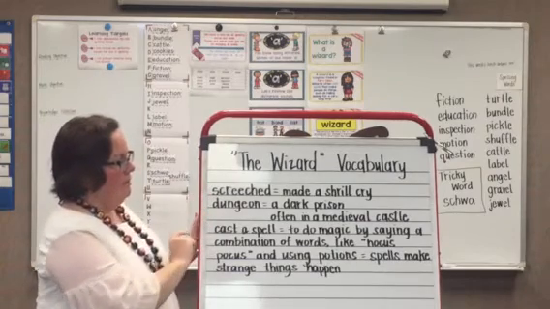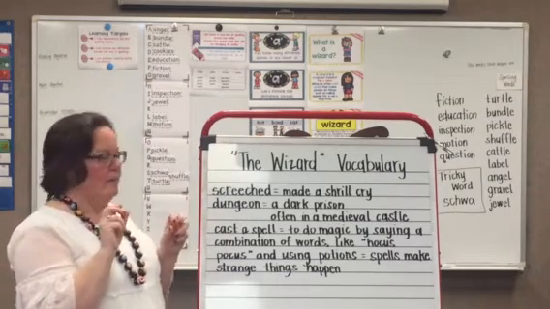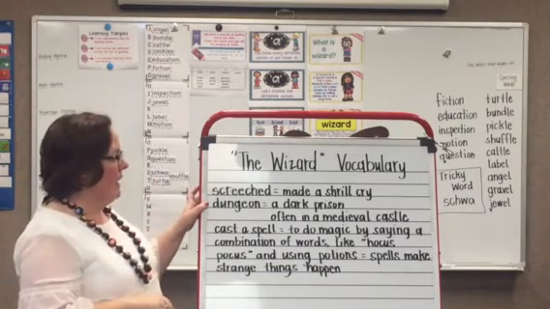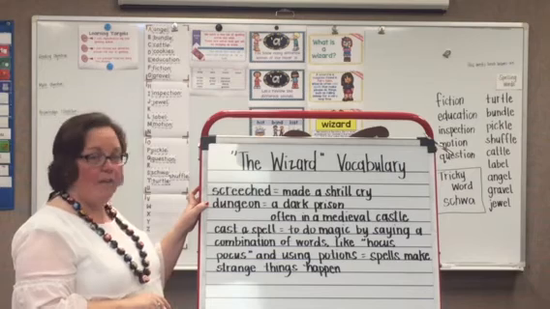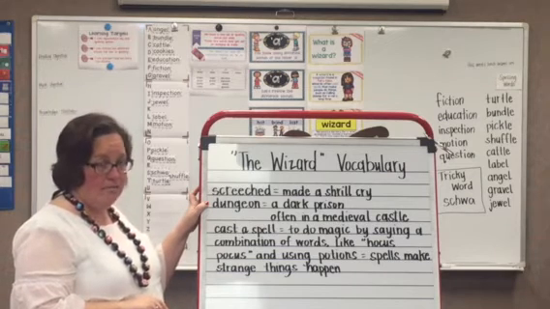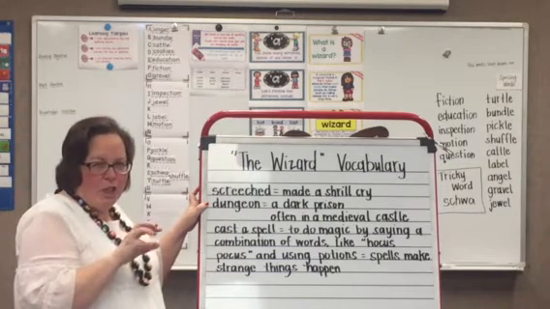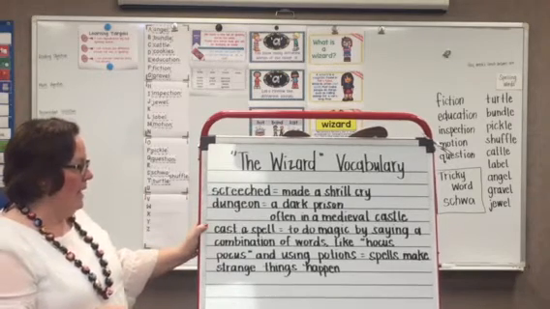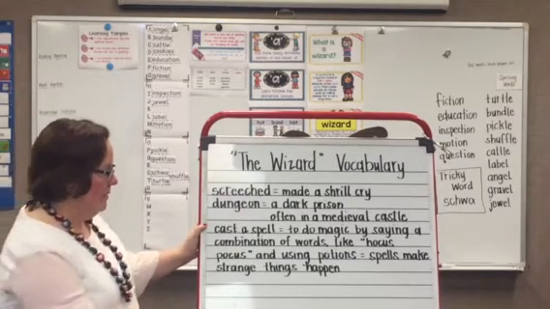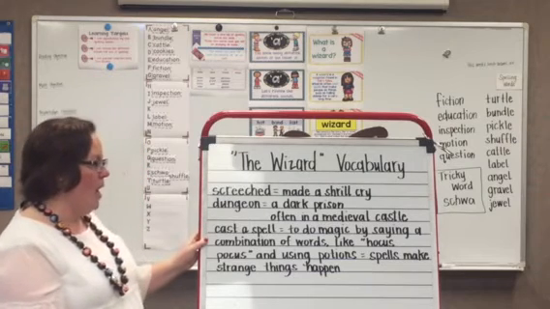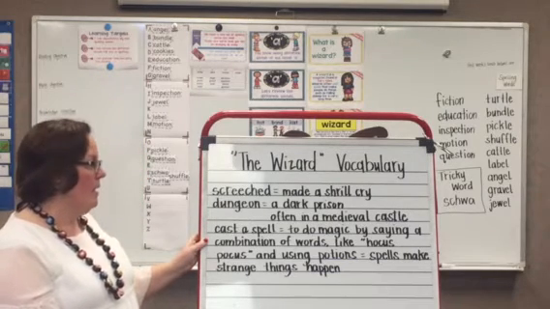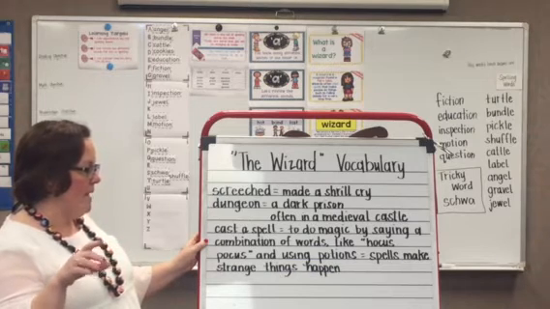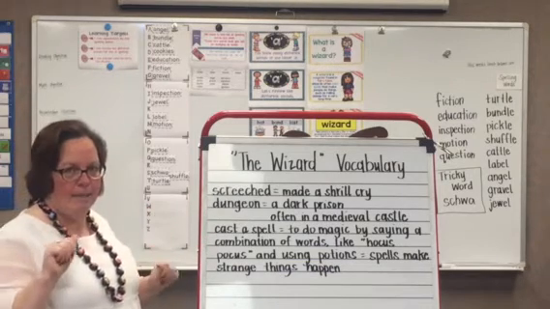Screeched is to make a shrill cry, okay? Make a really high-pitched cry. Dungeon is a dark prison, often in a medieval castle, where they keep prisoners. Cast a spell, that's the last one, is to do magic by saying a combination of words like hocus pocus and using potions or spells to make strange things happen.